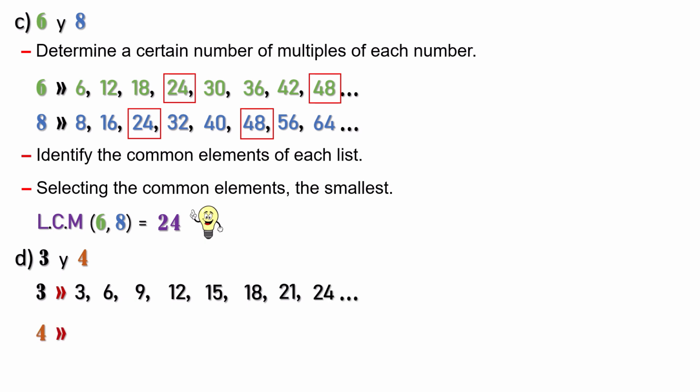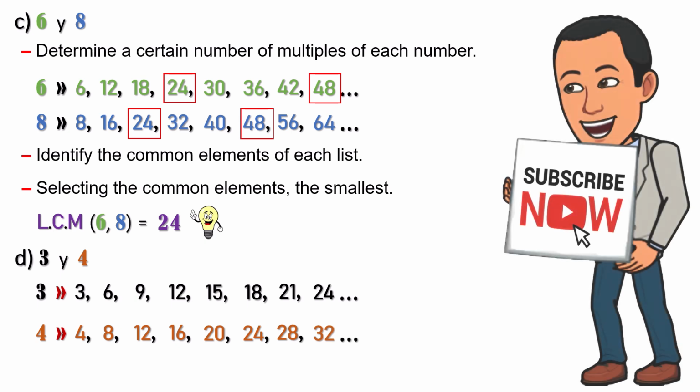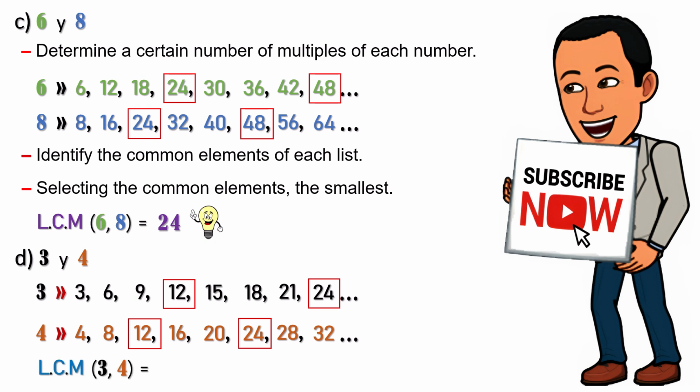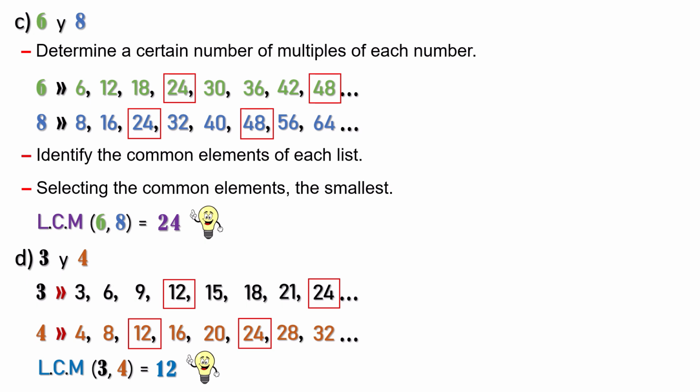And of 4: 8, 12, 16, 20, 24, 28, 32, and so on. Now, identifying the common elements of each list, we have the 12 and 24 respectively, and selecting from the common elements, the smallest is the 12, and this would be the least common multiple between 3 and 4.